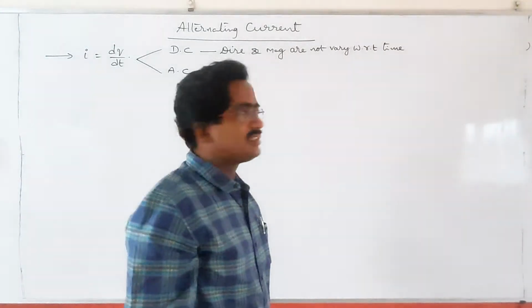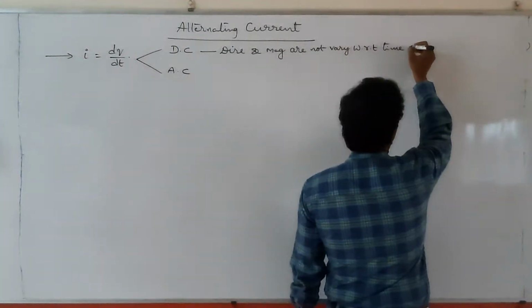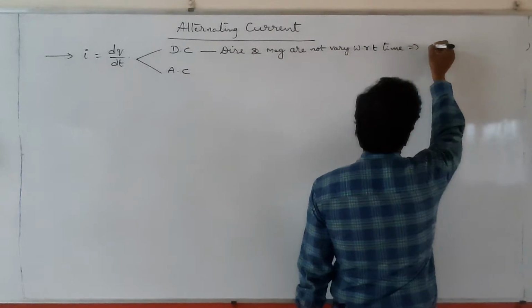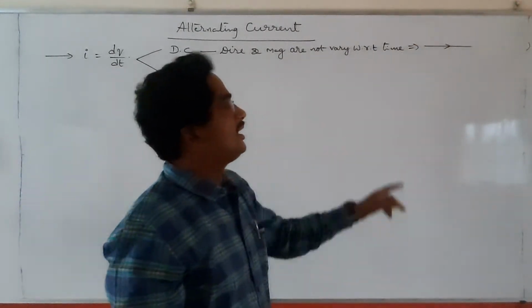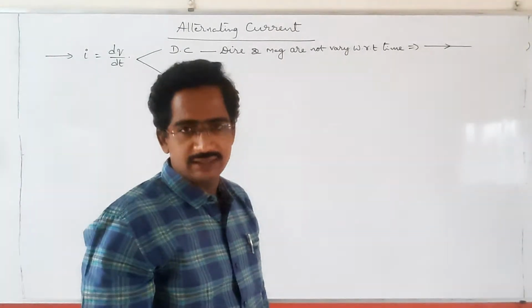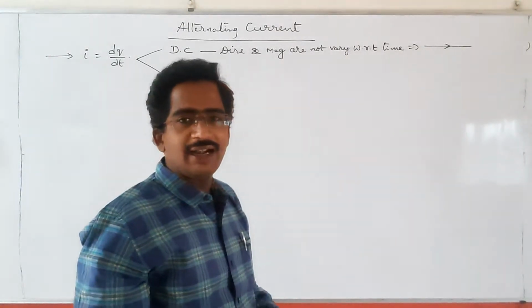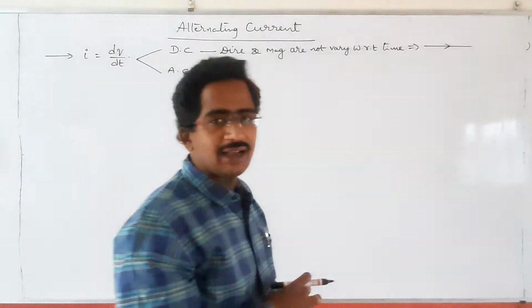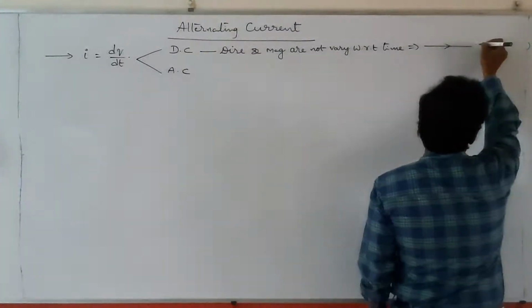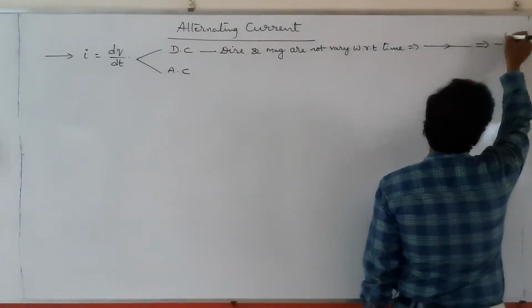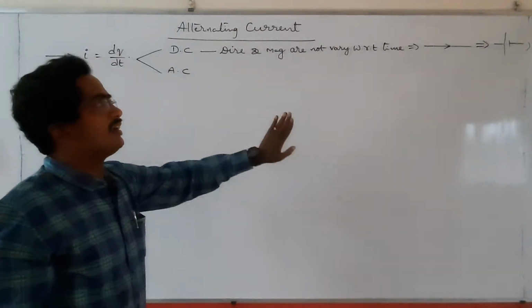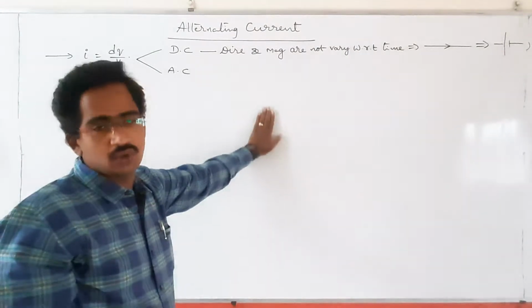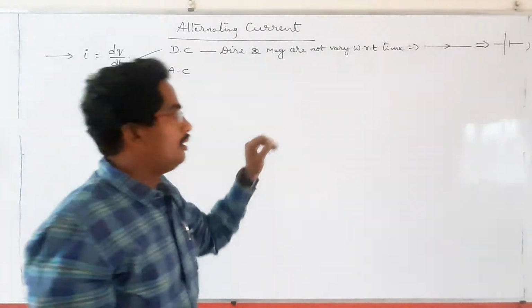It is normally represented by a directed line segment. That is the representation of direct current, and direct current is produced by which one? Battery or cell, the source of EMF. That is called a DC source.